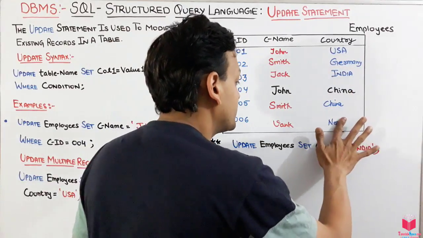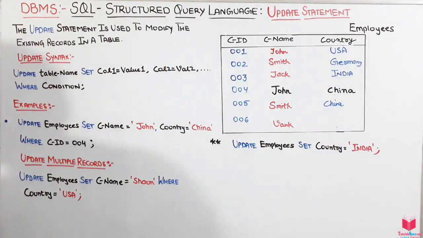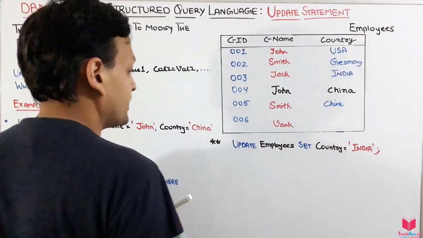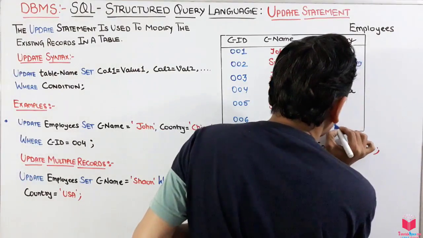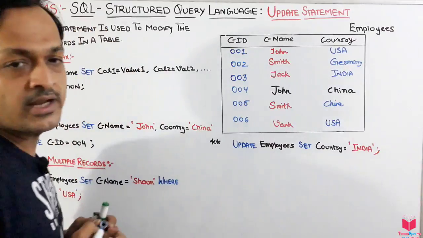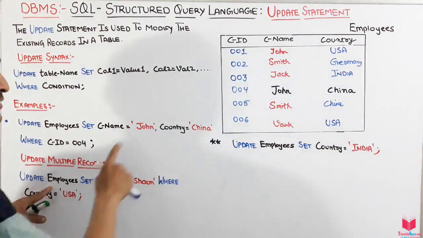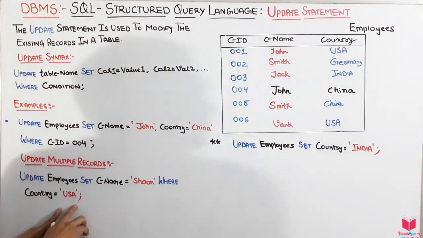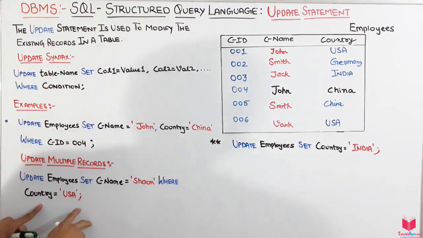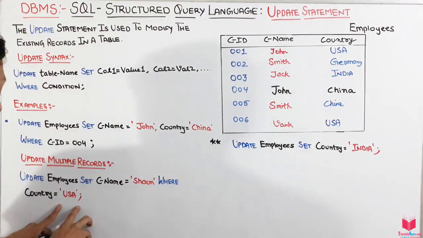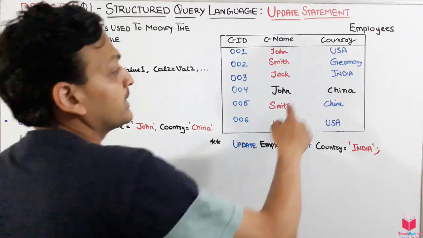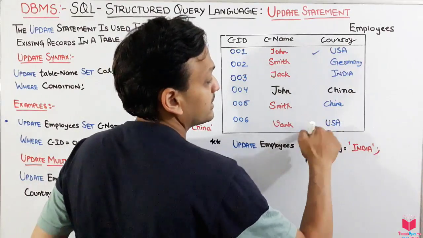I updated something here to give the full idea of this query. Let's see, this is your table. It moves to this table and first it goes to the country column and sees where the USA is. Here is the USA, here is the USA.